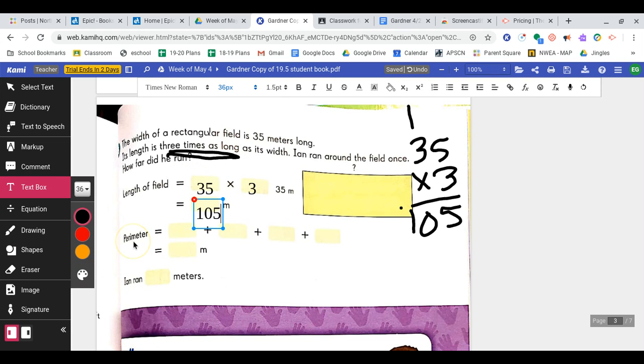Now to find the perimeter, 105 was just telling us the length of one side. Finding the perimeter means that we have to add 35 twice, because there's 2 of those short 35-meter sides. And the 2 long sides are equal to 105 meters, so we're going to add that twice.